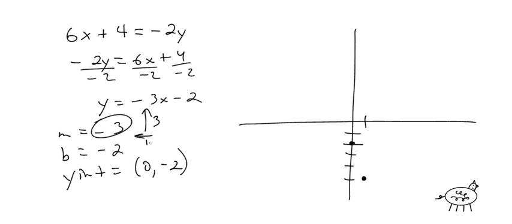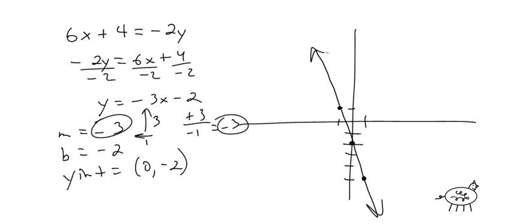That's the same thing, because it's positive 3 over negative 1, which is, again, negative 3. So up 1, 2, 3, and over 1. And you notice it's on the same line. Okay? So that is slope-intercept form.